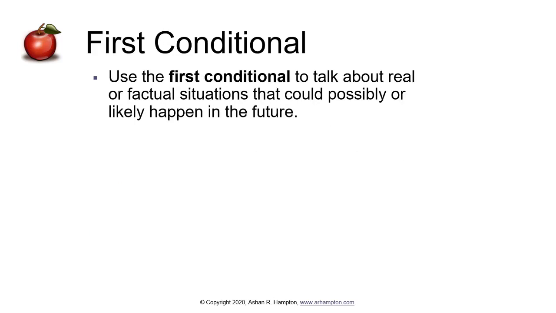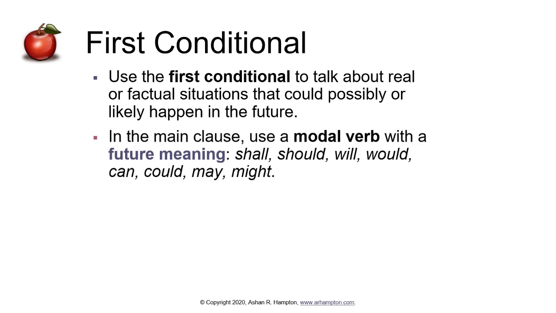The second kind of conditional statement is called the first conditional. Use the first conditional to talk about real or factual situations that could possibly or likely happen in the future. In the main clause, or the effect part of the conditional statement, use a modal verb with a future meaning, such as shall, should, will, would, can, could, may, or might.